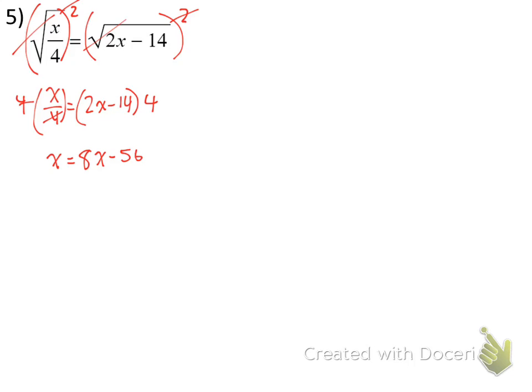Subtract 8x on both sides. So we got negative 7x is equal to negative 56. Divide both sides by negative 7. So we get x is equal to positive 8. Okay? And this concludes our lesson.